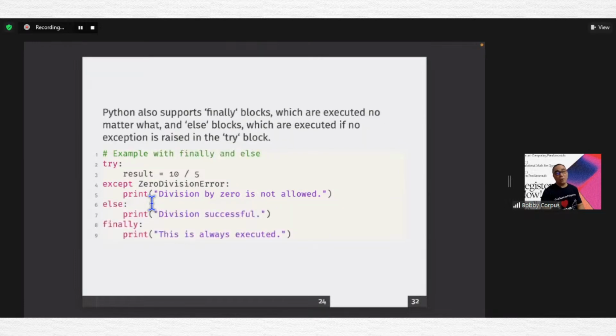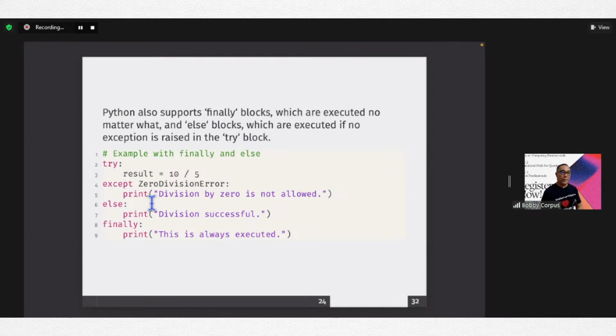And of course, you can handle it, but if there's no error, then that's good. But when you are trying to open a file inside the try block, and you forget to close that file, it's possible that after some time your program will exhaust all file descriptors in your operating system.